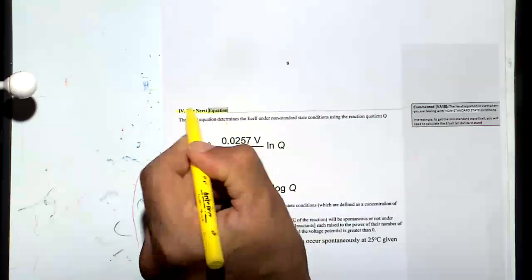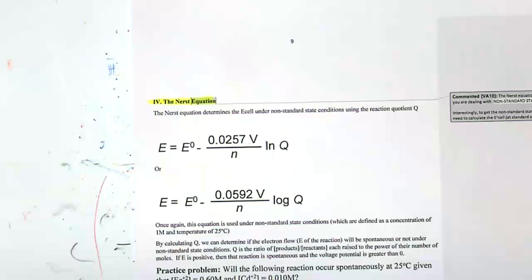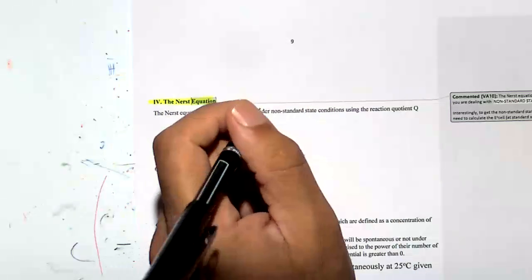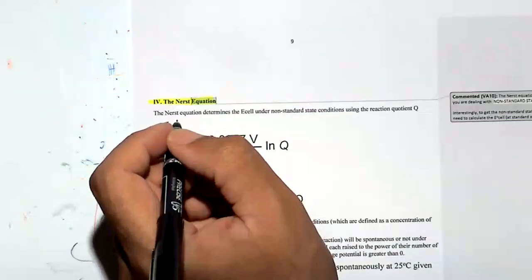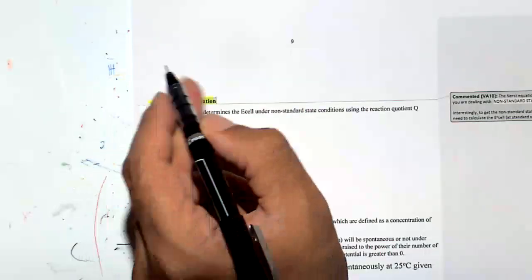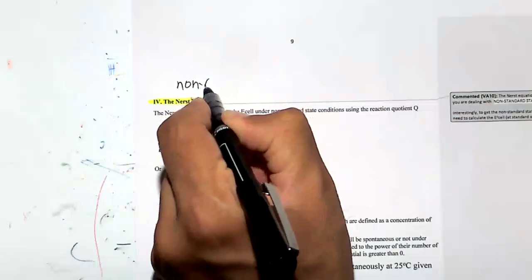Another equation that I will give you on the exam is called the Nernst equation. I will give you this equation on the test, and it's plug and play. But what does the Nernst equation really tell us? It tells us the voltage for non-standard state. So I want you to associate the Nernst equation with non-standard state.